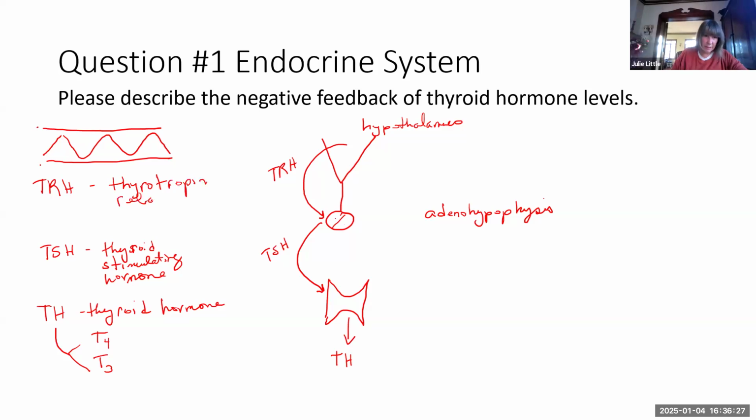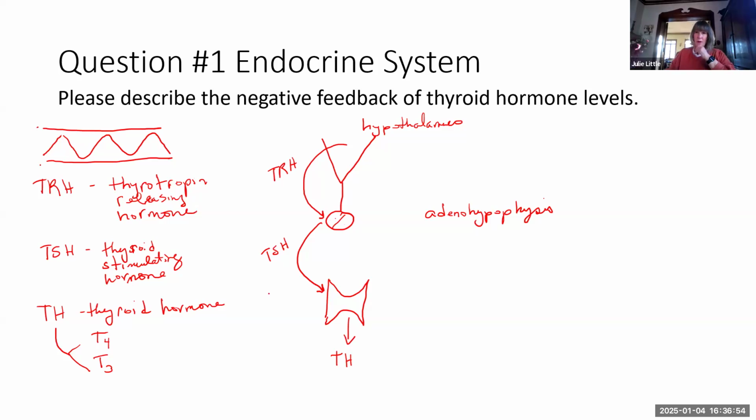And recall that all of the control of the anterior pituitary, or the adenohypophysis, is done by the hypothalamus, and how the hypothalamus controls the adenohypophysis is by releasing a releasing hormone. If this TRH, this releasing hormone, is released into the blood, it says to release TSH. TSH is released, and then we release thyroid hormone.